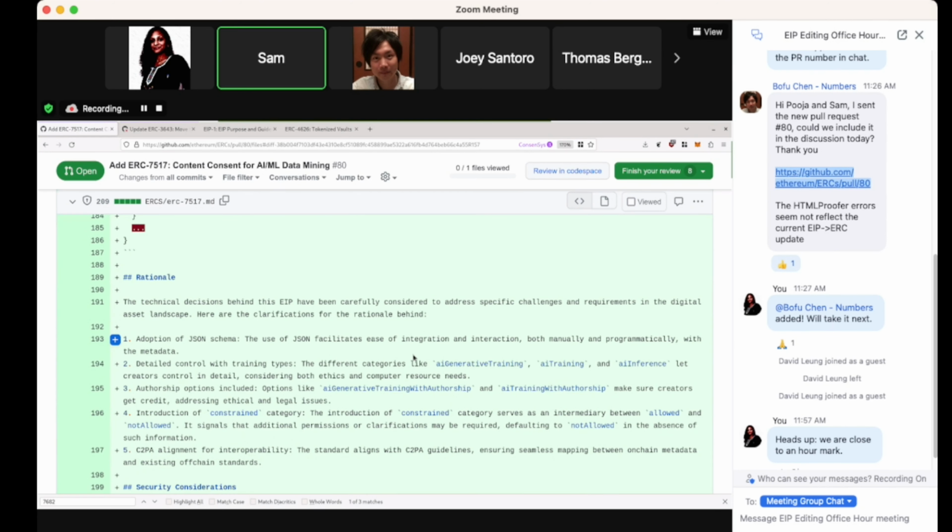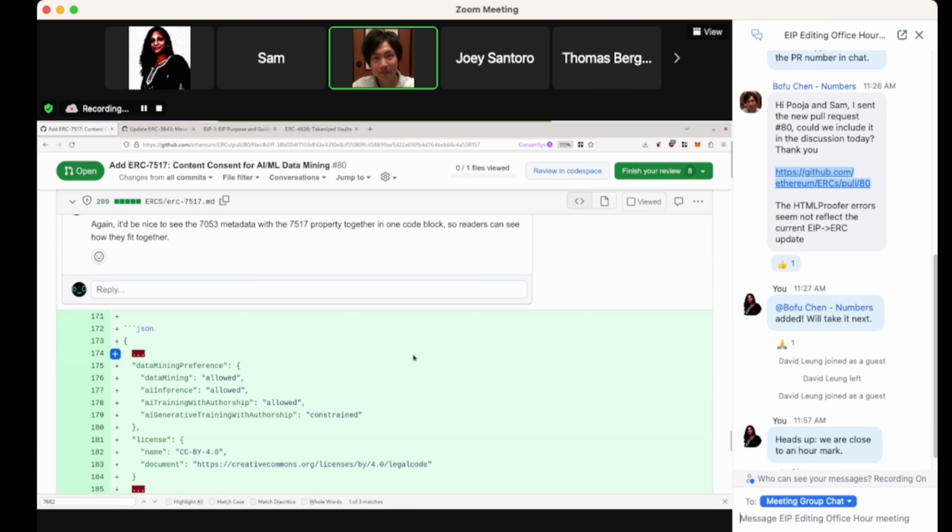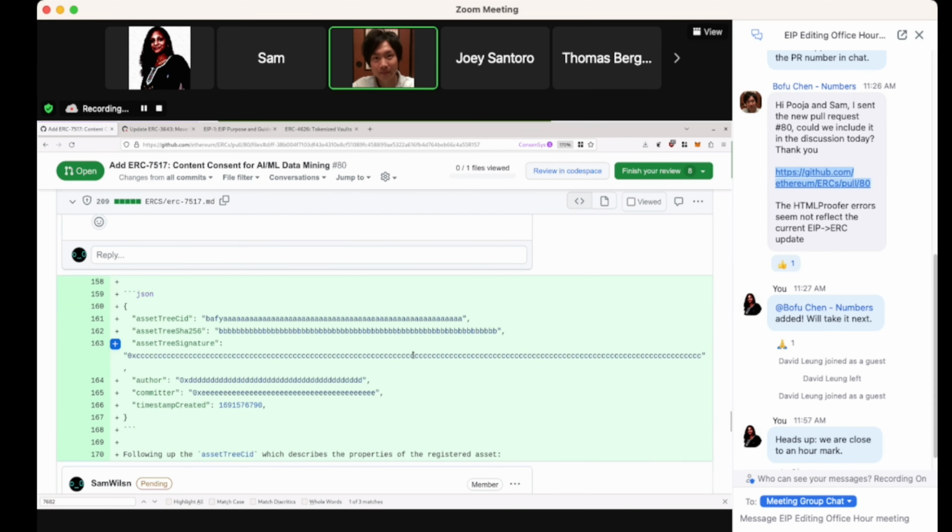Okay. Sam, sorry, just double checking with you. So the suggestion is that in the example, maybe I will write a comment like: this portion is the original ERC-721, and this section is newly added by this proposal. Just add some comments in the example.